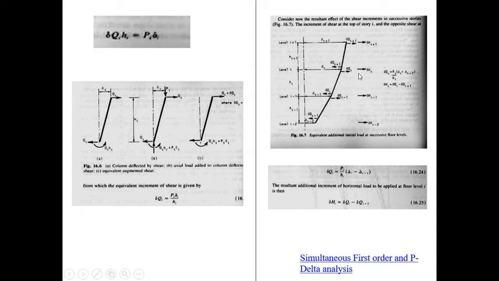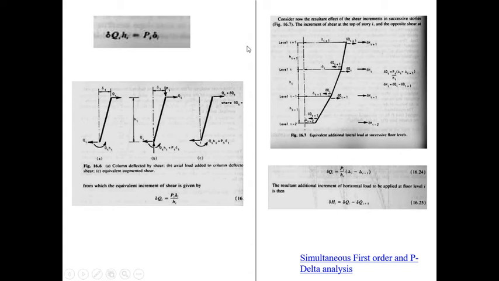So at level i we find that delta Qi is equal to Pi upon Hi into delta i minus delta i minus 1. So it is given by this value, the deflection for delta Q1.